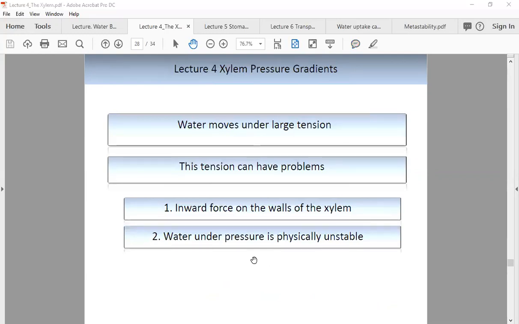Anyone familiar with that? Metastability. Sort of, not quite. Good try.